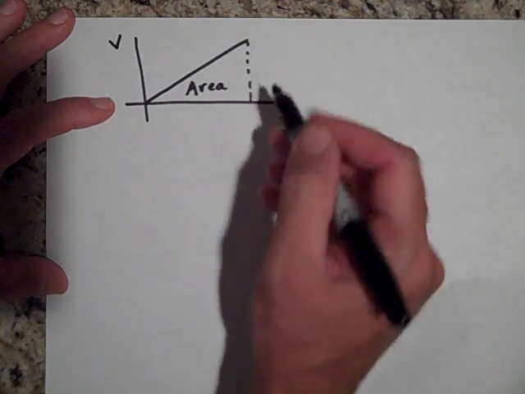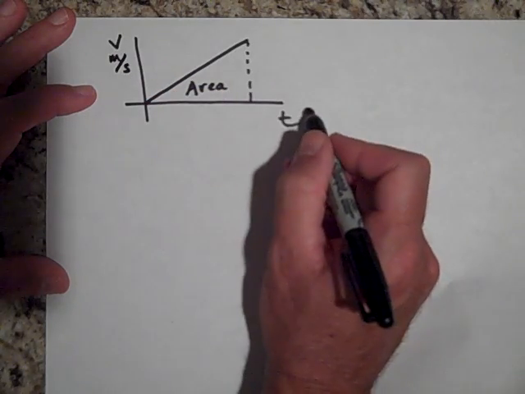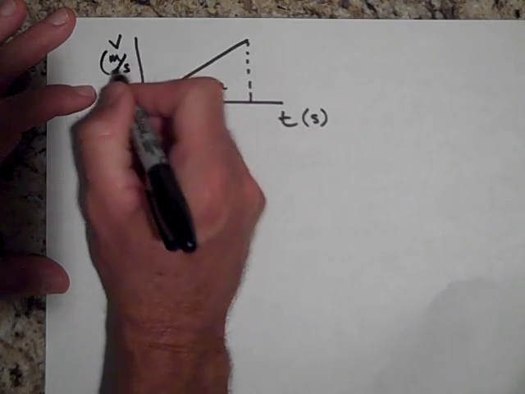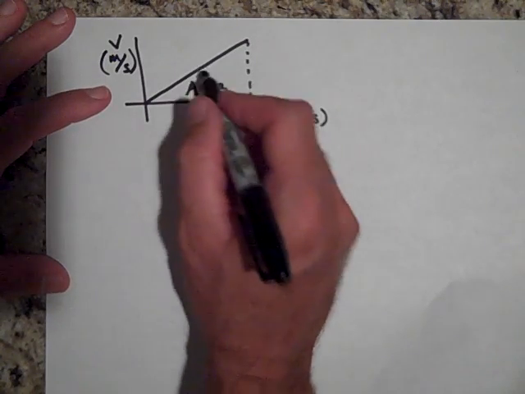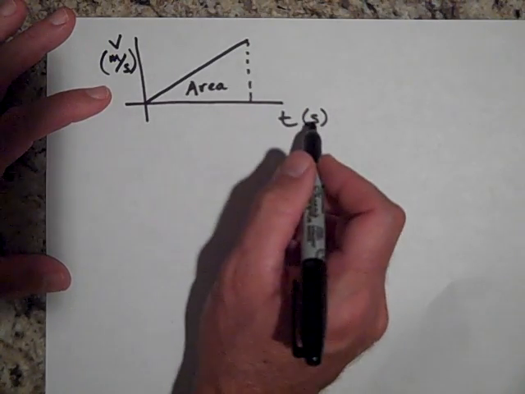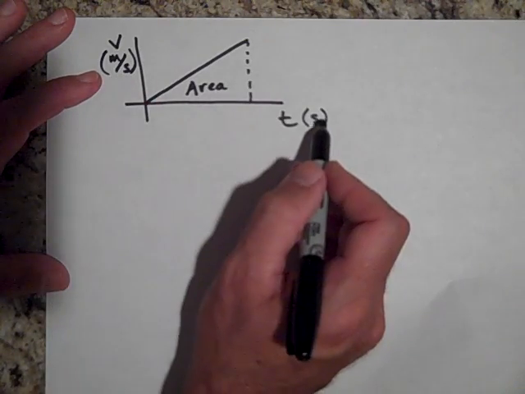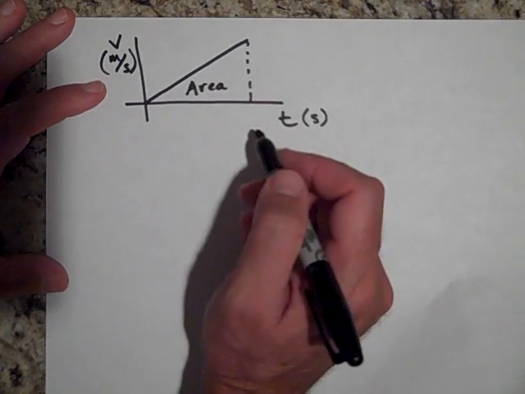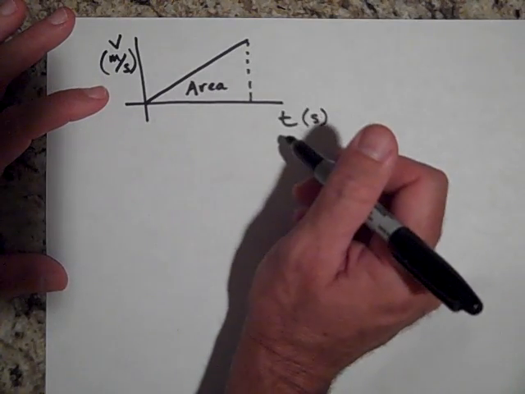And if you use your units, if this is meters per second and this is seconds, then when you do the 1/2 base times height to get the area of this triangle, you'll see that your units turn out to be meters. So the area is a distance. It's really a change in position.